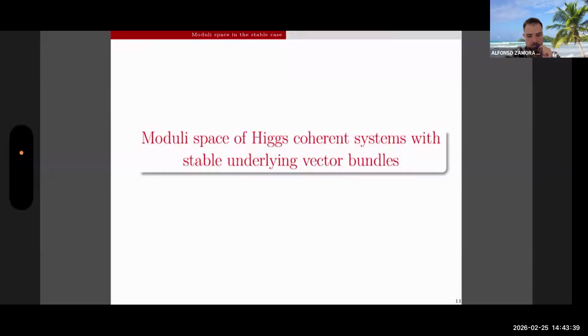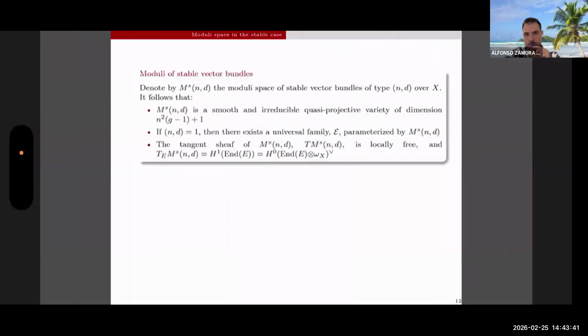For the construction of this moduli, I use some known results about the moduli space of vector bundles, such as the fact that this moduli is smooth. In the coprime case, there exists a universal family parameterized by this moduli, and the tangent bundle of this moduli has fiber that can be identified with the dual of the Higgs fields.